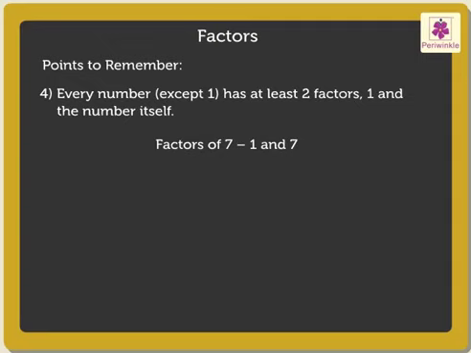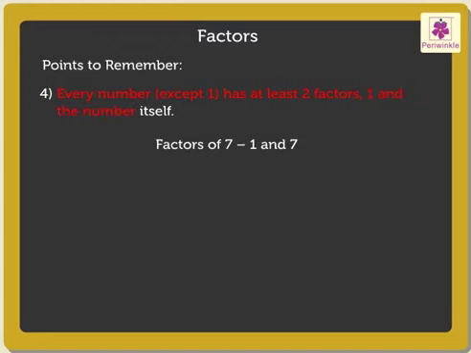That is, the number 7 has at least 2 factors, 1 and 7. That is, the number 1 and the number 7 itself. Hence, we can say that every number except 1 has at least 2 factors, 1 and the number itself.